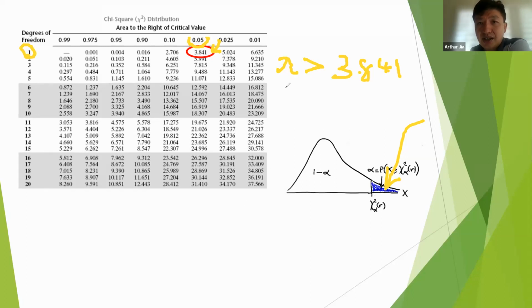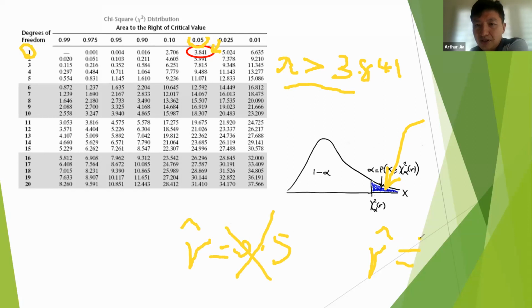So if you got a test statistic like this, then we're going to believe the null hypothesis is not true. So we're going to take the alternative hypothesis, which means R is less than 0.5, or those two loci are linked. All right, so this is how we use this chi-square table here.